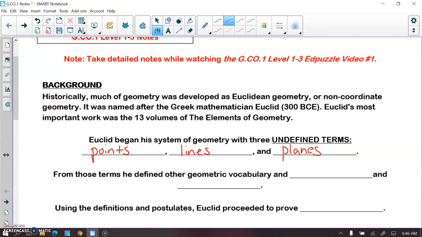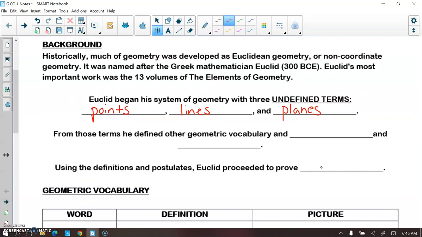So after Euclid began his system with these 3 undefined terms, he then started to define other geometric vocabulary. He also started to create postulates and axioms. Postulates and axioms are just straight up facts in math.